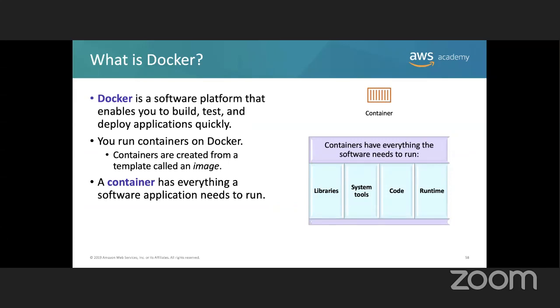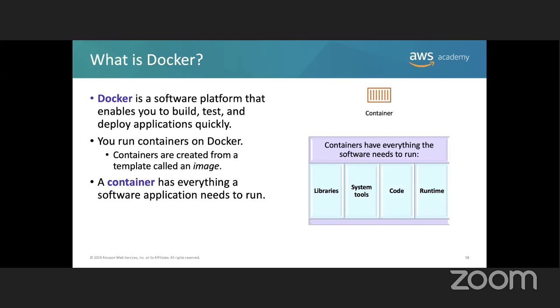You can run containers on Docker, right? Containers are created from a template called an image. I remember that I showed you guys an image repository. Remember Docker Hub? On Docker Hub you can find images. You can find images for Windows, images for Linux, images for Amazon Linux as well. And a container has everything a software application needs to run.